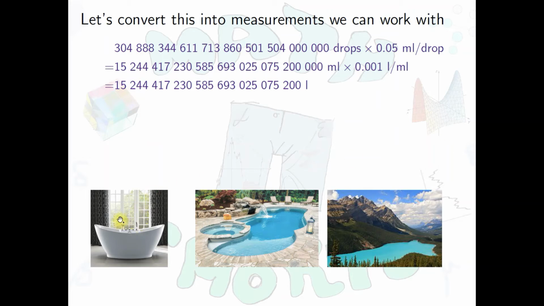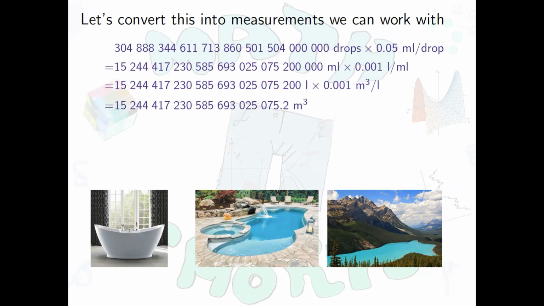We could probably get a sense that it's going to be too big for the tub, but the other ones, it's going to still be hard to judge. So let's convert this into another measurement that we can use, which is cubic meters. And 1 liter is 1/1000th of a cubic meter.